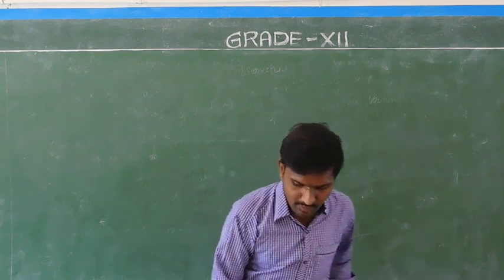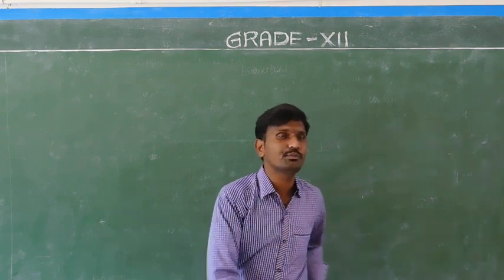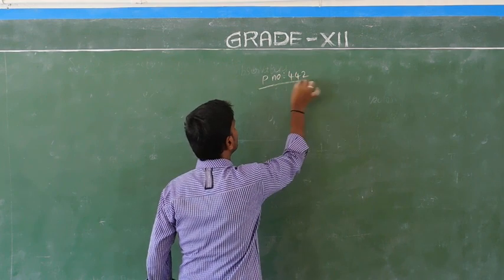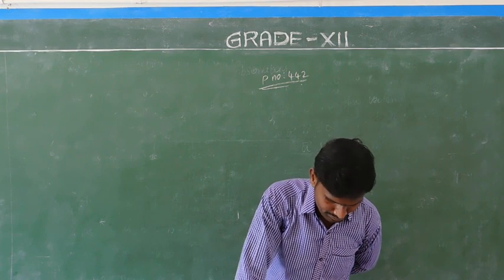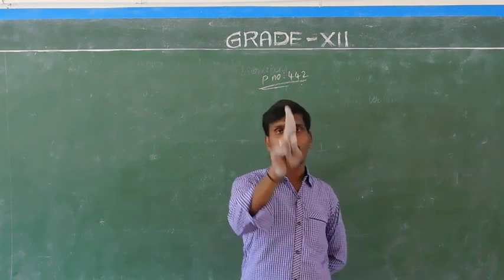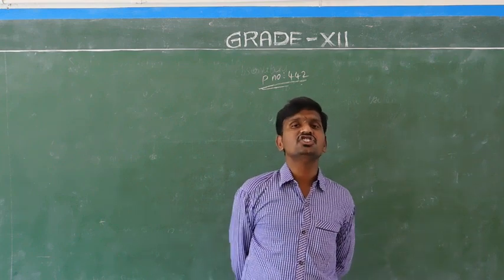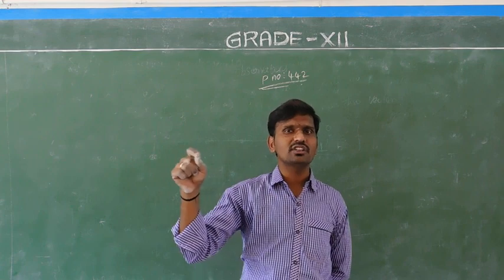See, you have page number 442. From page number 442, we have two properties. The first property is the distributive property. You have seen this distributive property in some other topics.